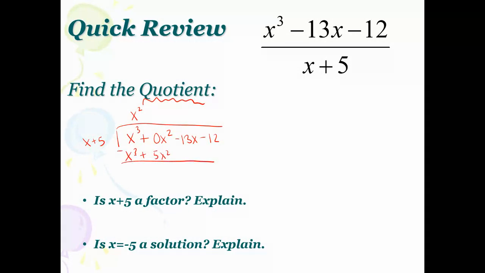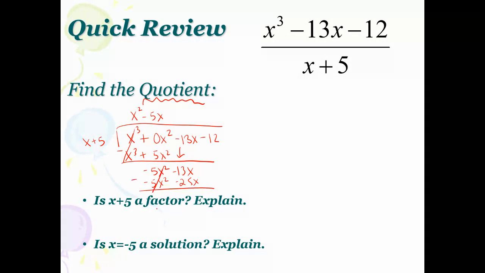Subtract and bring down, just like you did with long division without variables. This will give me negative 5x squared. Bring this down, minus 13x. That goes in there, minus 5x times, negative 5x. So that will give me negative 5x squared minus 25x.